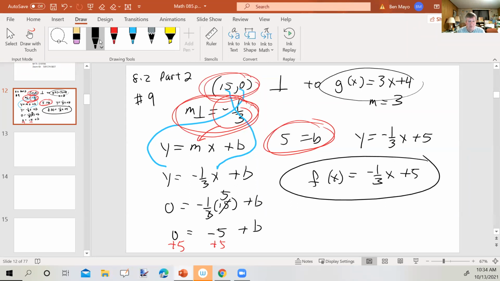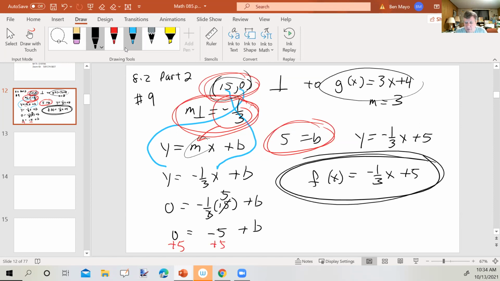Since the line we're looking for is perpendicular to that, we took the negative reciprocal of 3, which is negative 1/3. That became the slope in the new line. We plugged in the point that the new line passed through to get the x and the y values established. So now we know that b, or the y-intercept, is 5. Plugged it in, wrote it in function notation.